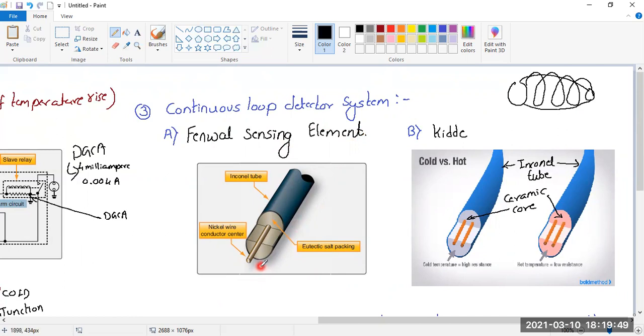You know, there should be a supply in the positive, there should be supply in the ground. So from the positive, when the circuit is completed, only then will a signal be sent into the alarm circuit, right? So here, the negative and the positive, and the alarm circuit are connected. Okay, so whenever there is a rise in the temperature, this eutectic salt of the ceramic material suddenly decreases the resistance and becomes a good conductor.